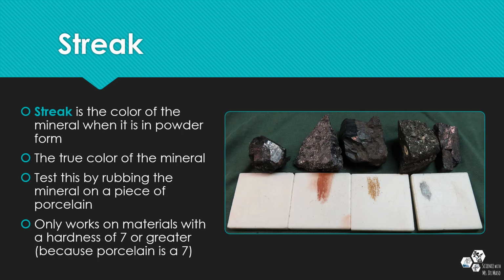Porcelain has a hardness of 7, so your minerals must be harder than a Mohs scale of 7, or they won't leave this coloring behind. So anything that's lower isn't good for this type of test.